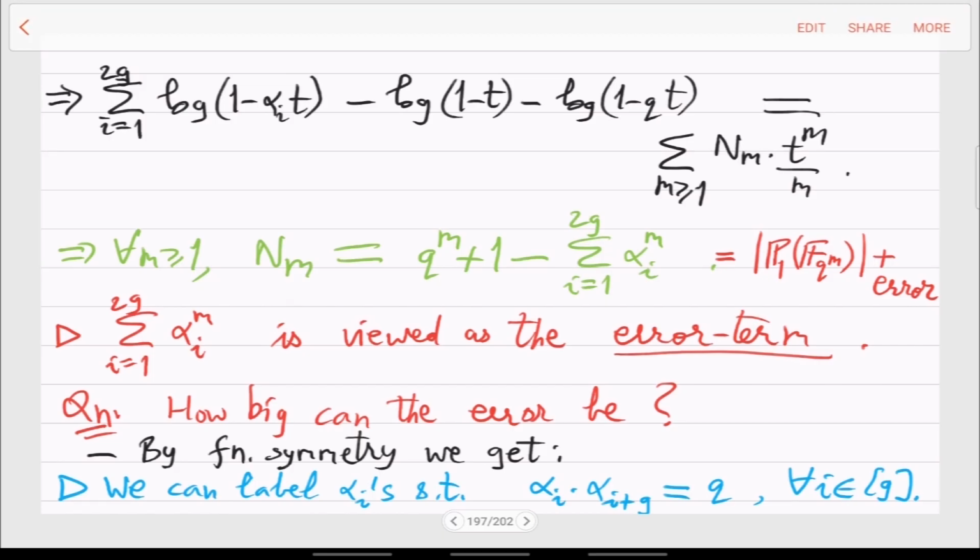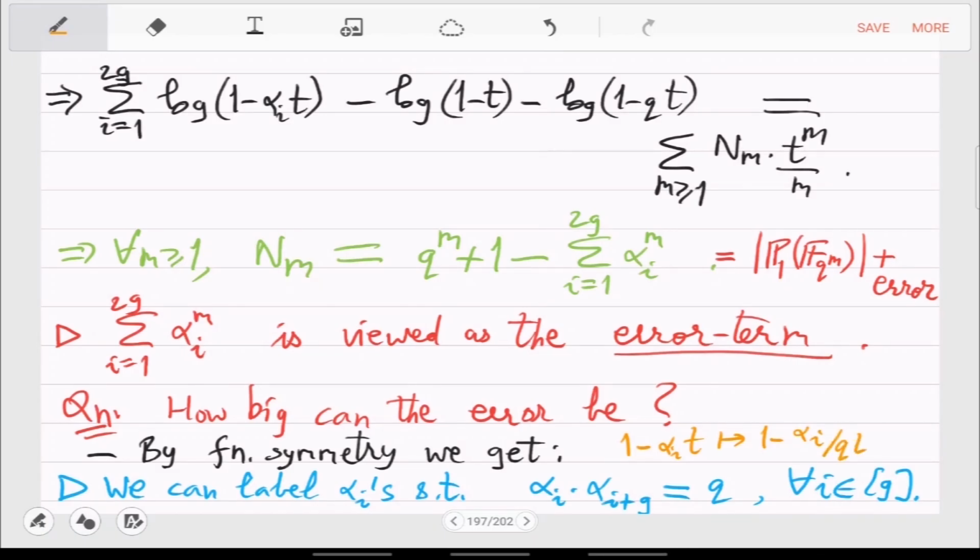I mean, this is a bit inverted. So 1 minus alpha_i t will become 1 minus alpha_i by qt. So t also goes in the denominator, because you're inverting the root. Z of 1 by qt, right? So t is replaced by 1 over qt.